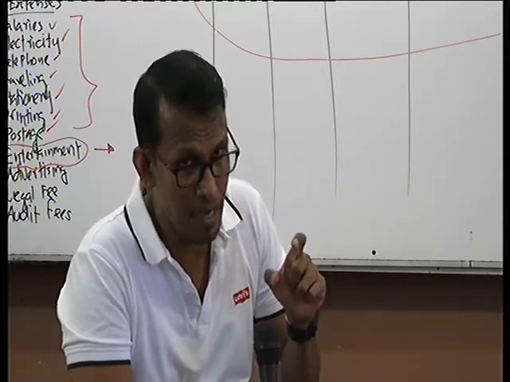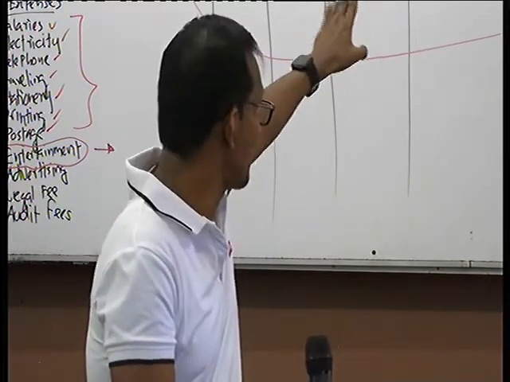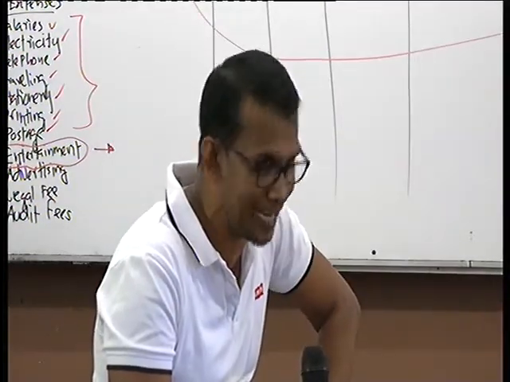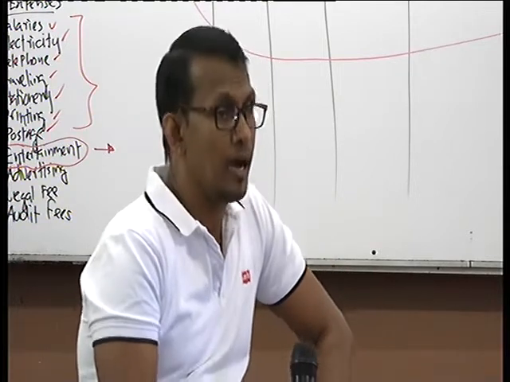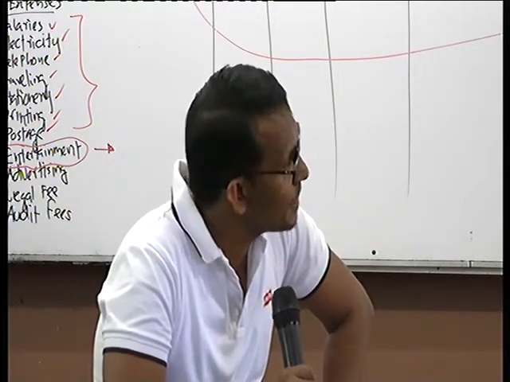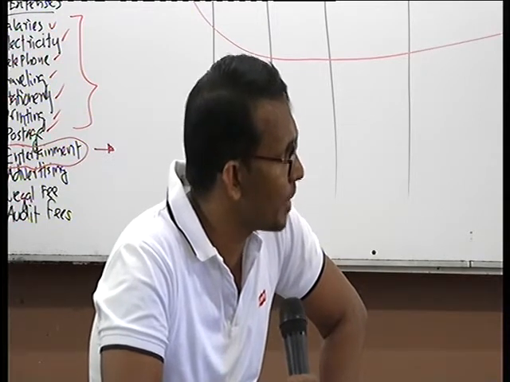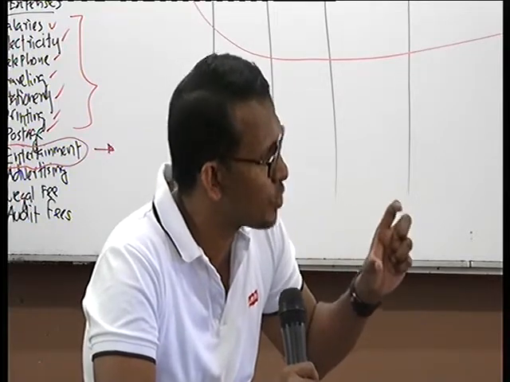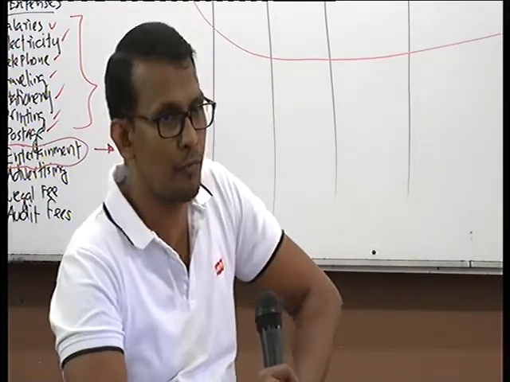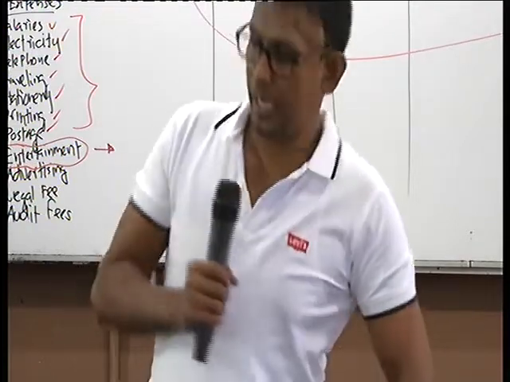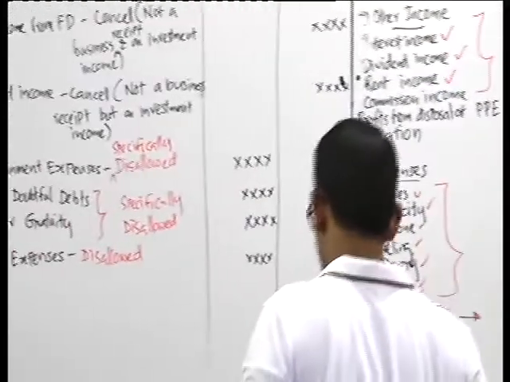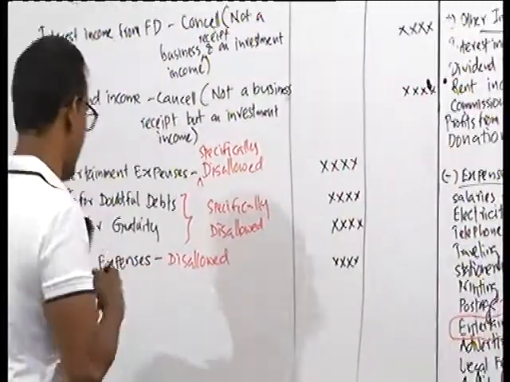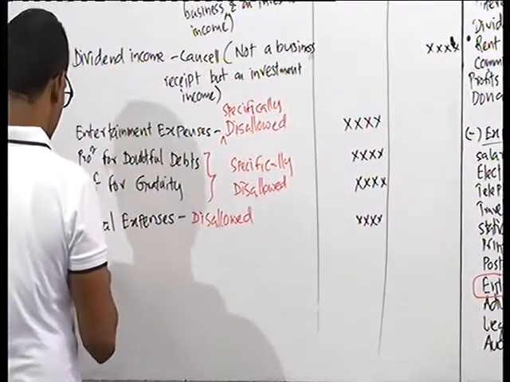But remember, we disallow the gratuity provision, because provisions are specifically disallowed as they are not actual expenditure. But for income tax purposes, when you make the cash payment to employees leaving after 5 years, that cash payment has to be considered as an allowable expenditure.